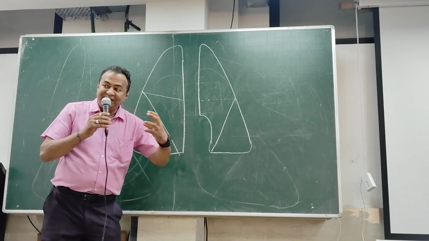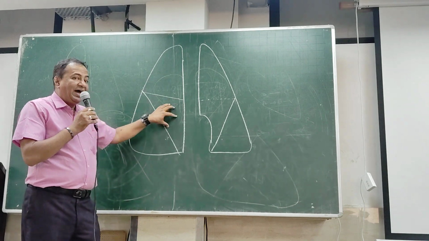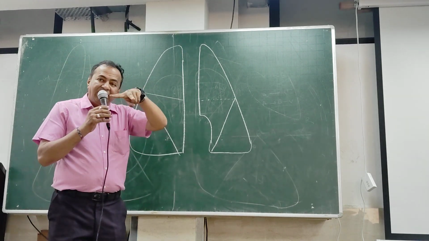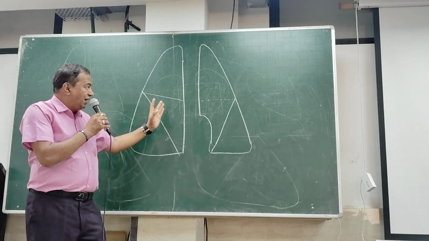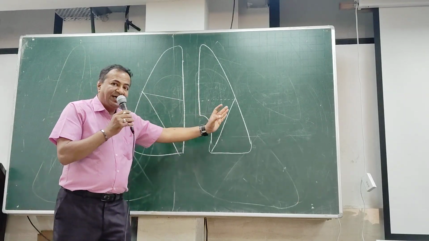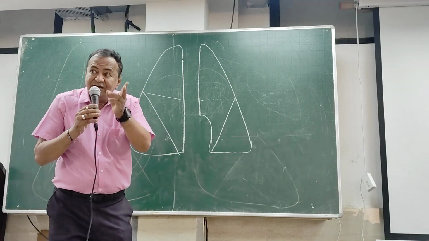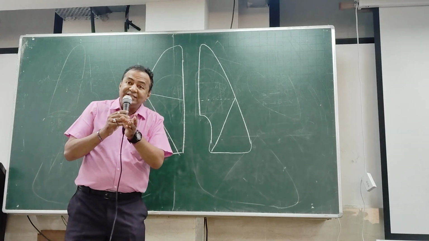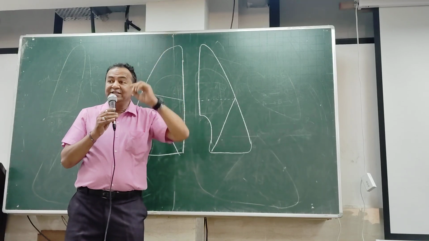Anatomists kept on dissecting, and then they realized that the lung is aerated by the primary bronchus and the lobes are aerated by the secondary bronchus. Then they realized there is a special area of the lung aerated by the tertiary bronchus, and that is the bronchopulmonary segment.